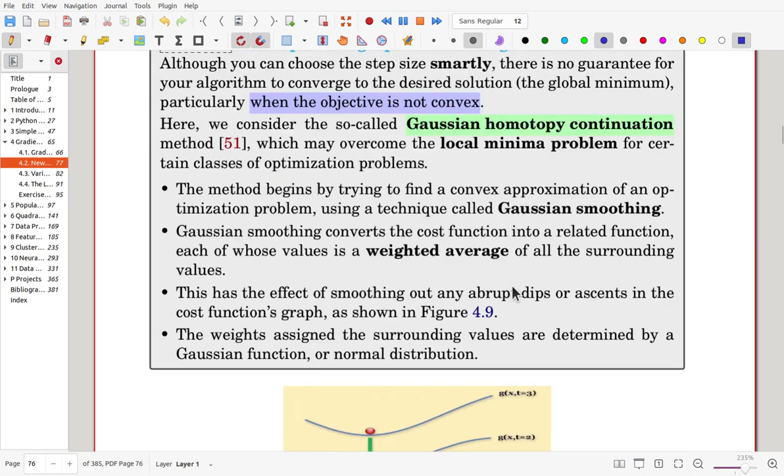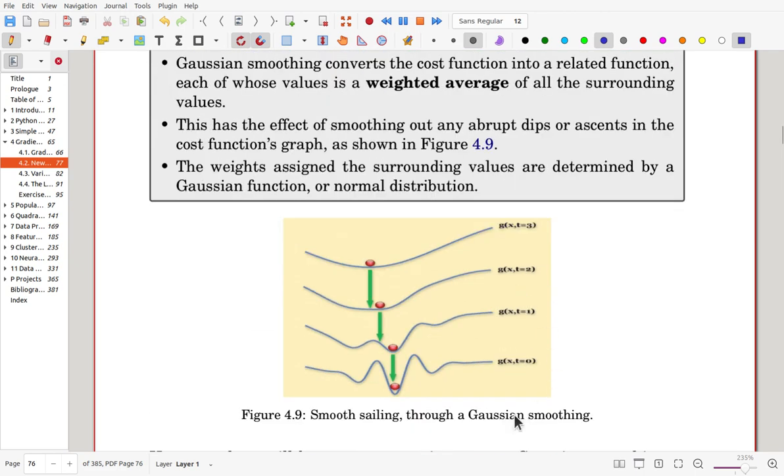Okay, let's see the figure here. Now, this is the original objective function. Then the initial value must be really good. If not, for example, if your initial value is around here, then it will converge to this point, which is a local minimum. However, it's not the desired solution.